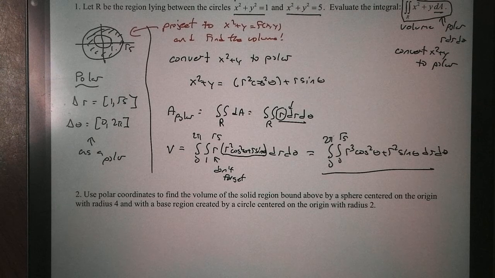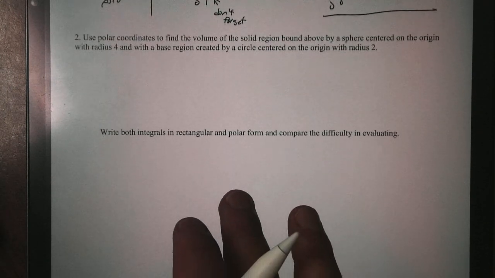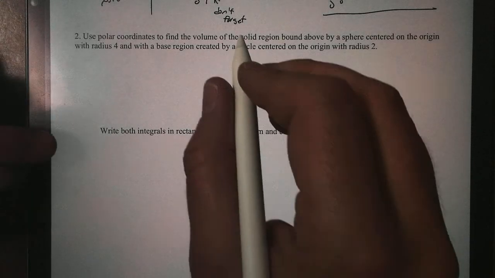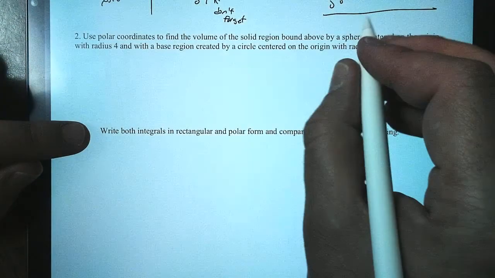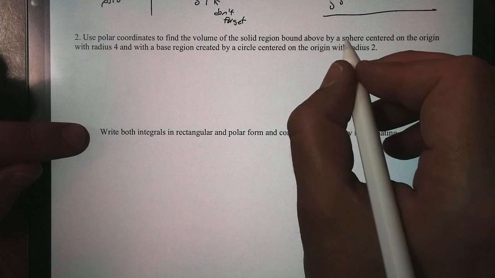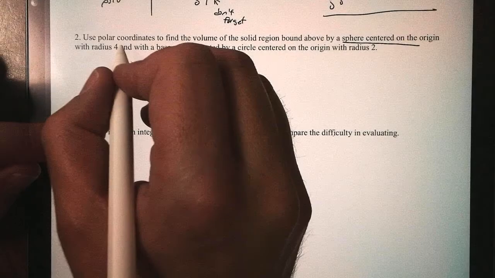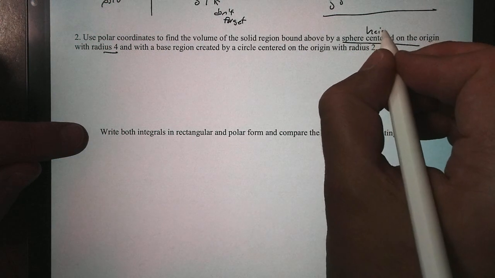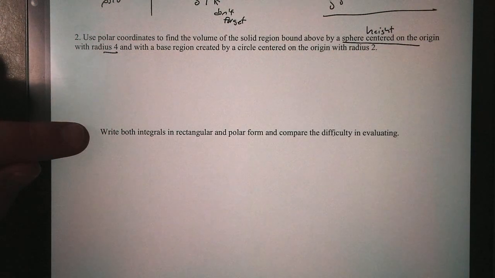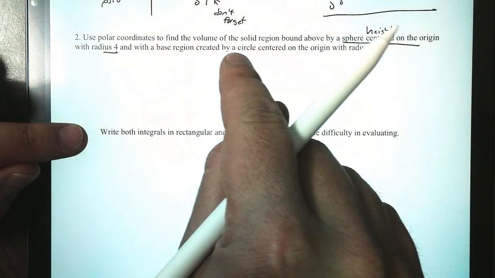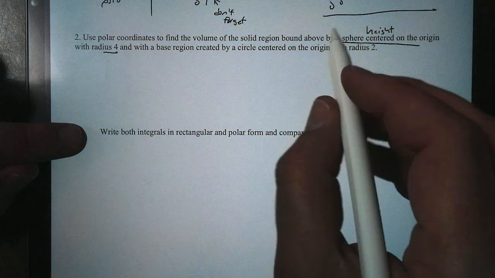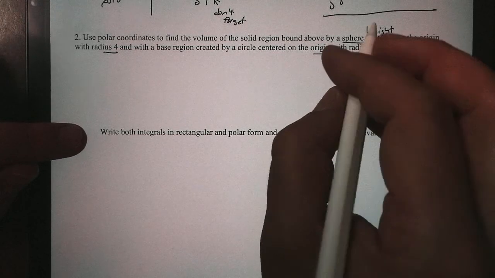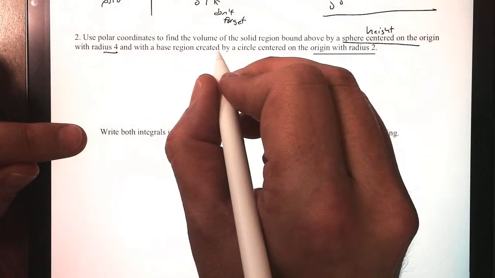All right, so let's go ahead and look at the next example, number 2. Use polar coordinates to find the volume of the height of the region above by a sphere centered at the origin with a radius of 4. So they're giving us here the height of our surface with a base region created by a circle about the origin with a radius of 2. So here they're telling us about the region that we are going to project in.